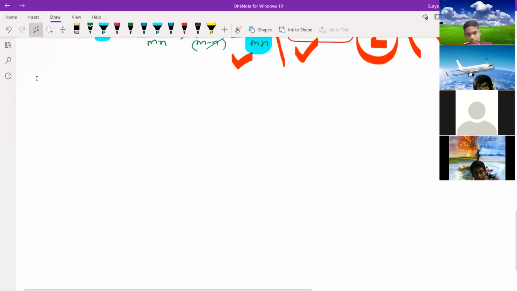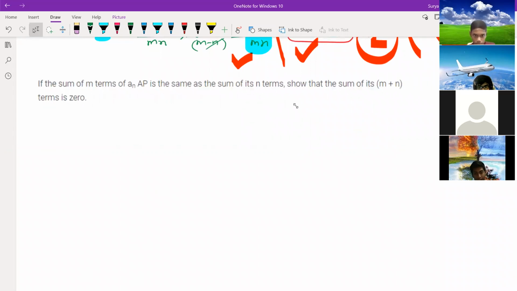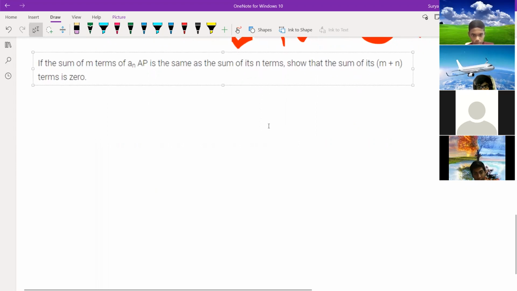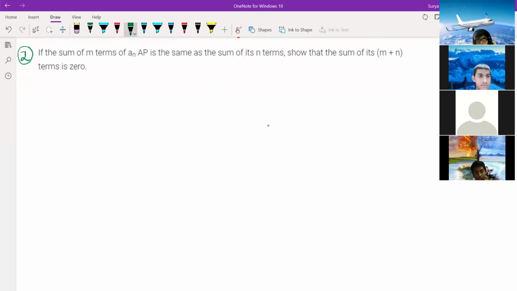If the sum of m terms of an AP is the same as the sum of n terms, show that the sum of m plus n terms is 0. All of you try.